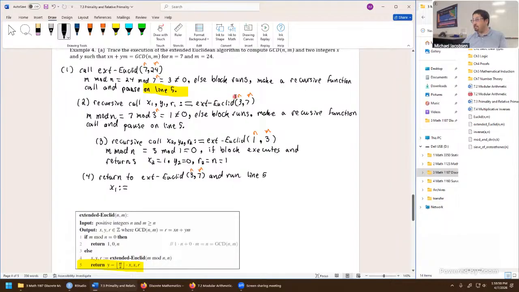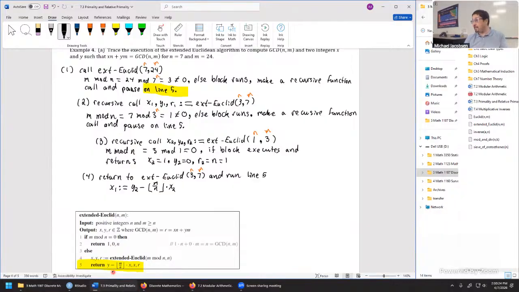Going back to Euclid 3, 7 means it has the x2, y2, r2 that's going to redefine x1, y1, r1. So x1, following this format, is going to be y2 minus the floor of m divided by n times x2. That's the first output.